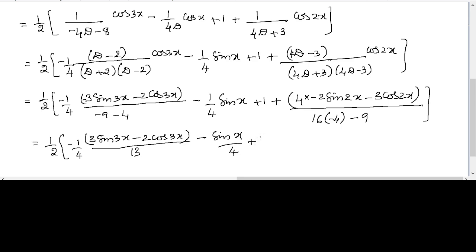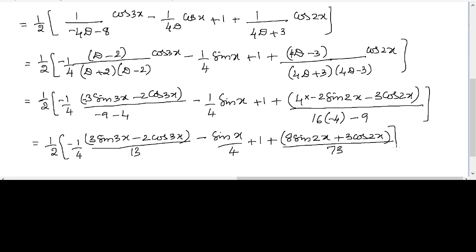plus 1. And here also we can take minus outside both in numerator and denominator, that becomes plus only. So 2 4s are 8 sin 2x plus 3 into cos 2x divided by 73.